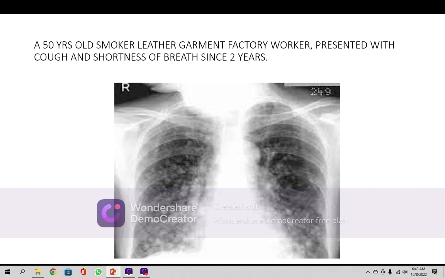And also in cases of some extensive allergic alveolitis, that is, what I call hypersensitivity pneumonitis, can cause this type of lesion because it depends upon the organic particulate matter which is inhaled.